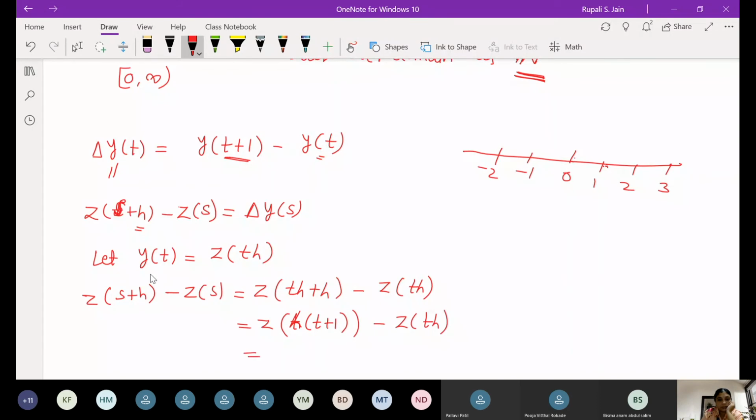So if I write like this, this will be nothing but h times t plus 1.